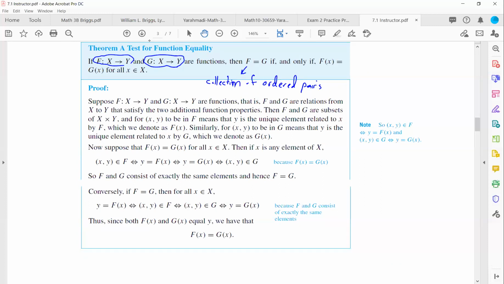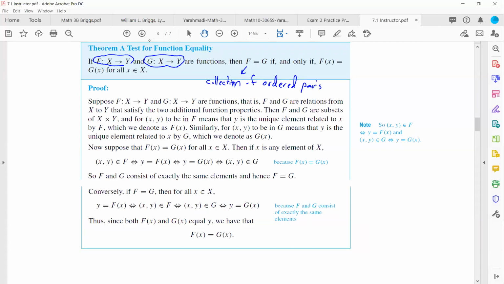Suppose f and g are functions, and also f is equal to g. Your goal is to show that f of x is equal to g of x. Very well. F is equal to g. F is a collection of ordered pairs. G is equal to another set of ordered pairs.